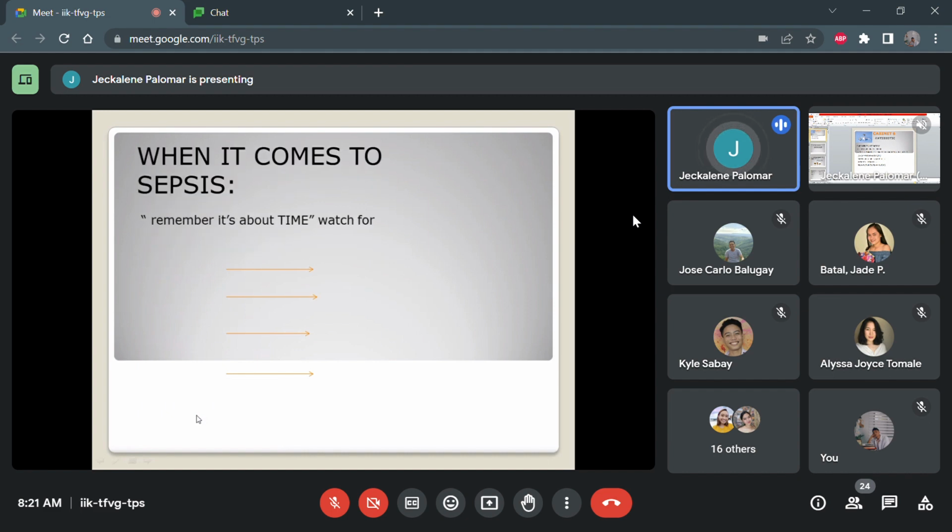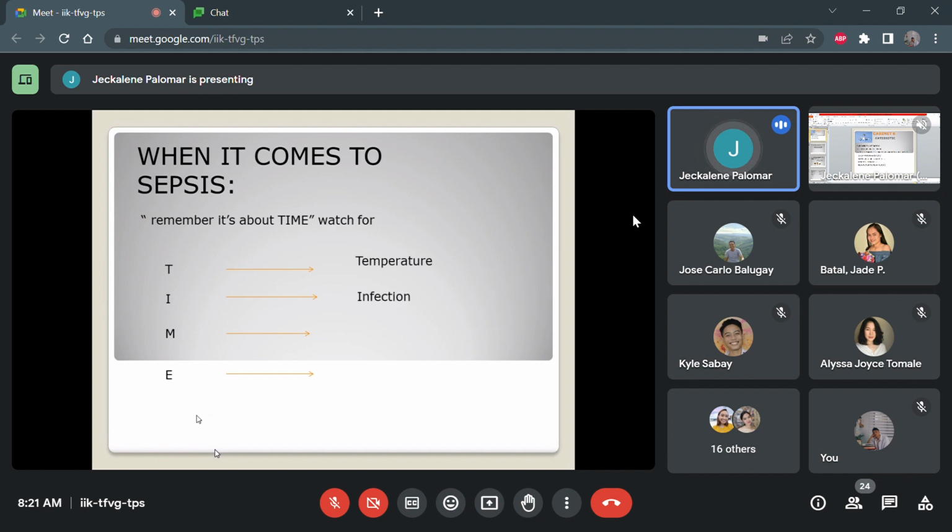So when it comes to sepsis, remember again the mnemonic: it's about TIME. So what is TIME? T is for temperature. If the patient is ill, you have to consider the temperature.